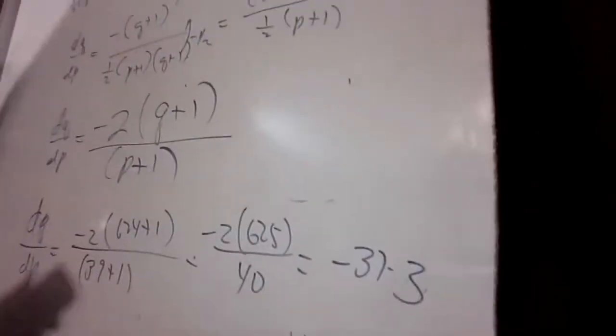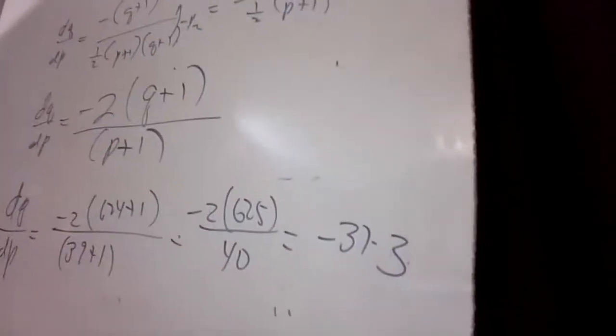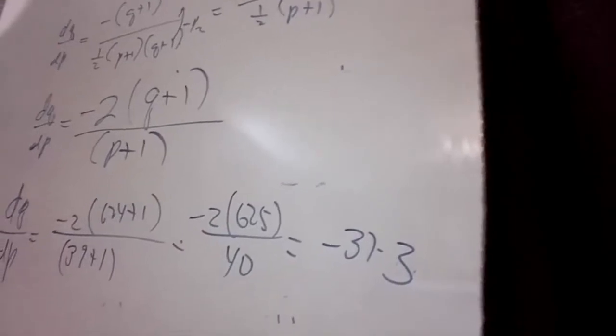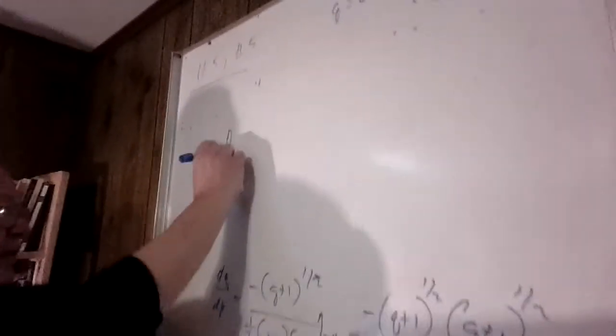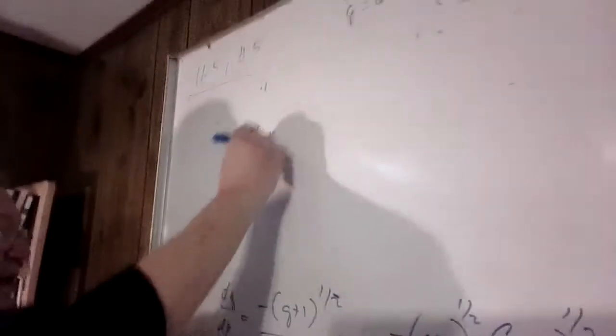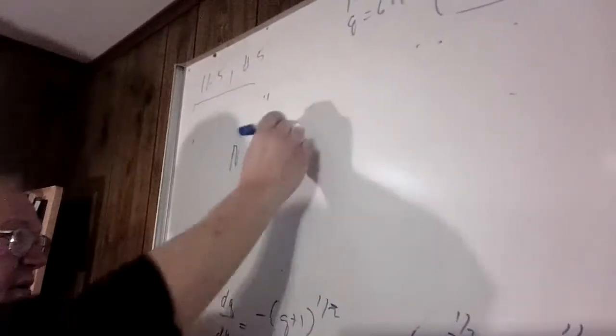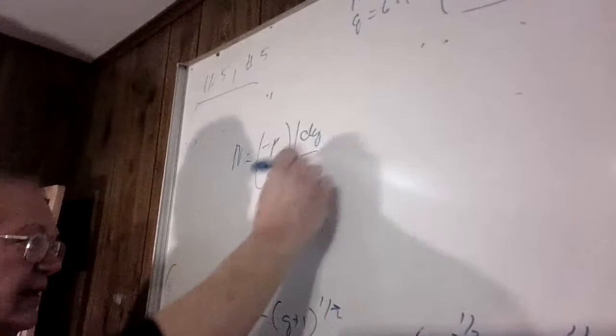So now I have everything. I have P, Q, and dQ dP. So let's go back to our elasticity equation, where N equals minus P over Q, dQ dP.